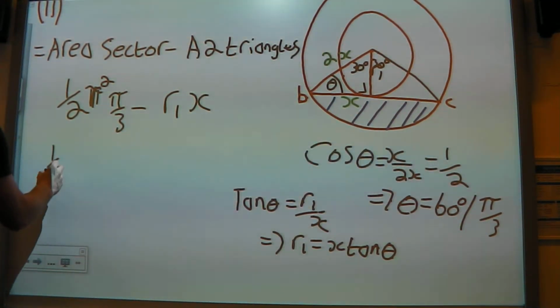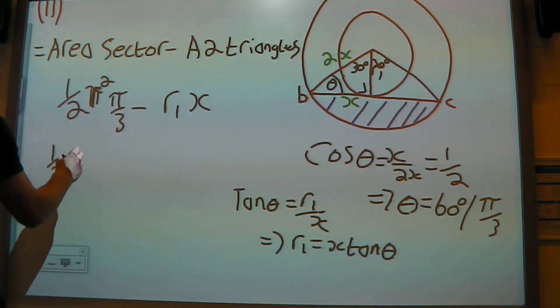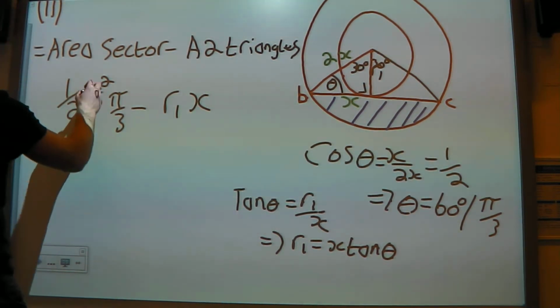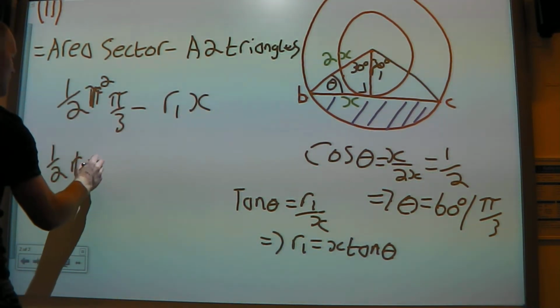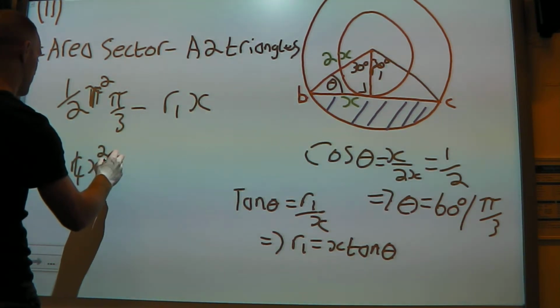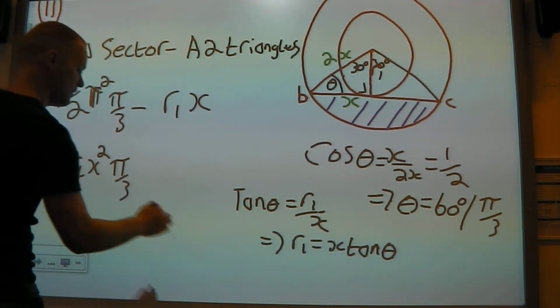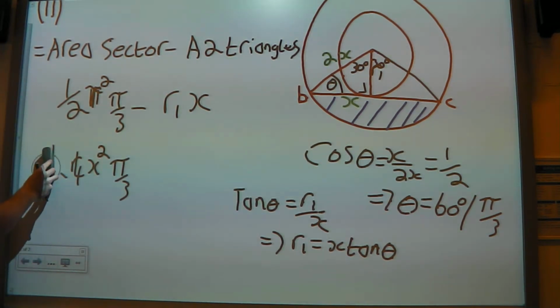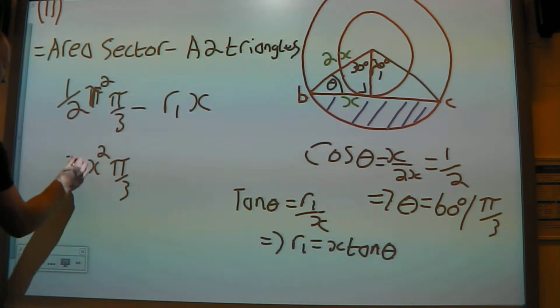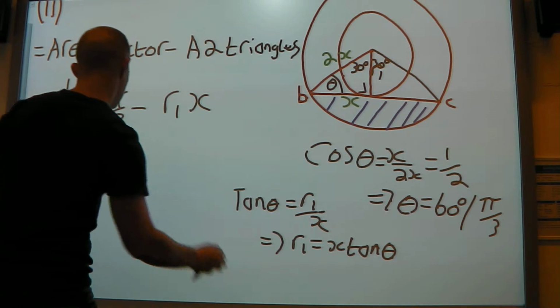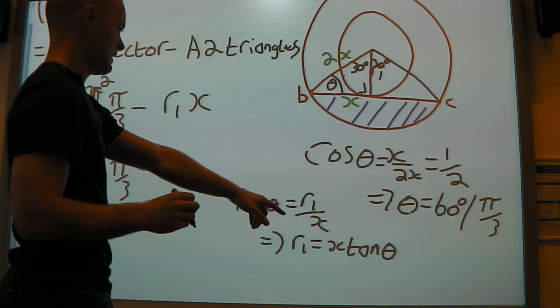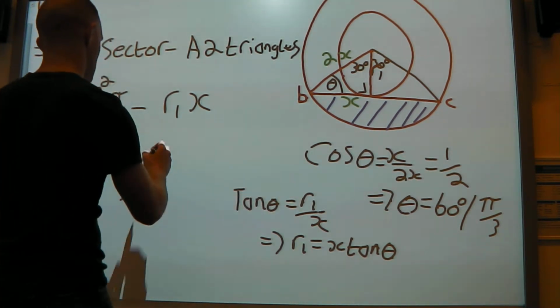So we have a half, our radius is 2x, so that's a half of 4x squared times pi over 3. I'll just rewrite this as a half of 4, which is 2. So it's 2x squared pi over 3 minus x tan theta, so it's x squared tan theta.